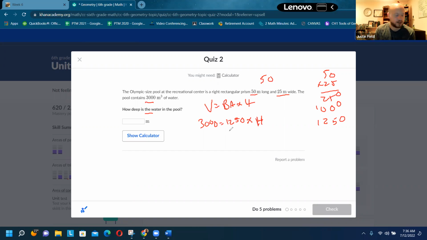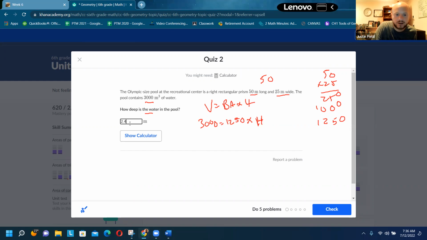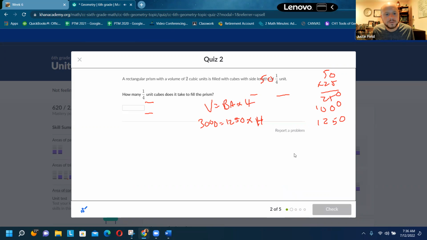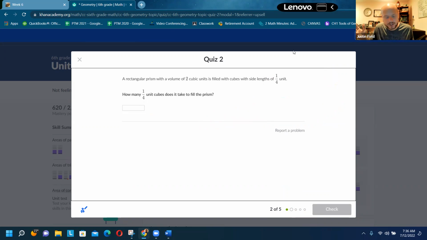Okay, so how deep is the pool? That's good. So we have to divide to figure that out. It's 2.4 meters. Let's see if that's right. I use my calculator, you know. I could have done it with long division, but I'm trying to make a quicker video.